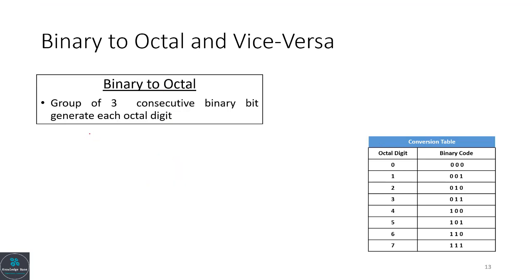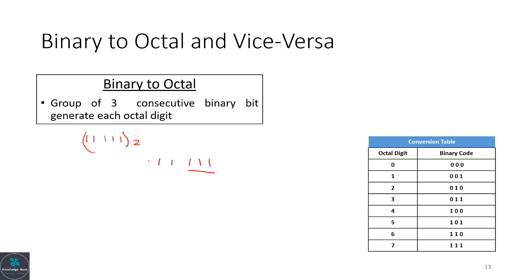Take another example. Suppose 11111. This is in binary. Now we want to convert it to octal. Now you can see that we cannot group them in 3s, as there are not enough bits.